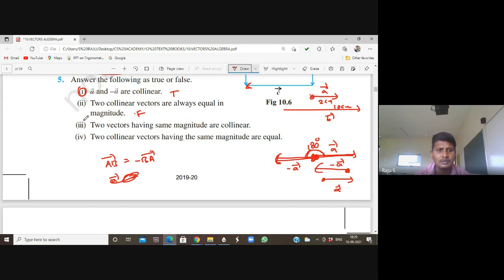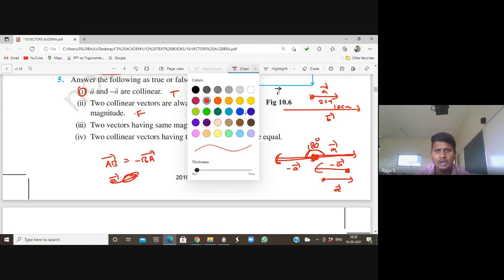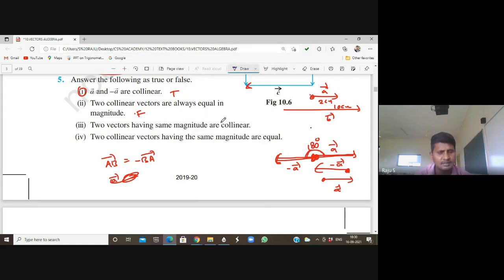Coming to the third: two vectors having the same magnitude are collinear. Is that correct? True, sir. Two vectors have the same magnitude. Can't we say that it is collinear? No, sir, it is not collinear. See here, they just mention same magnitude, but if I take different directions, 2 centimeters only, here also I'm taking the same 2 centimeters.